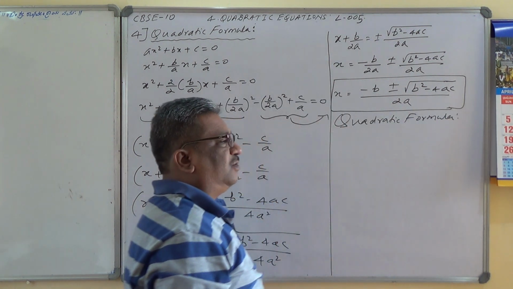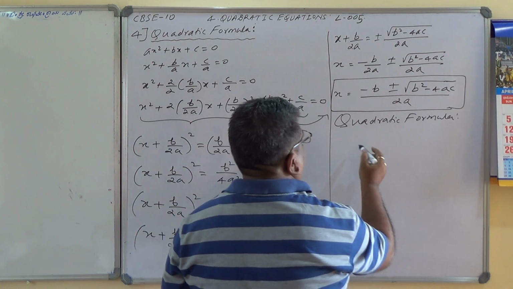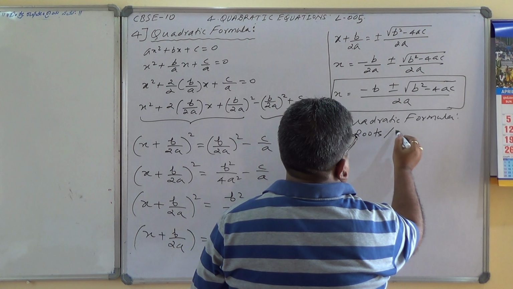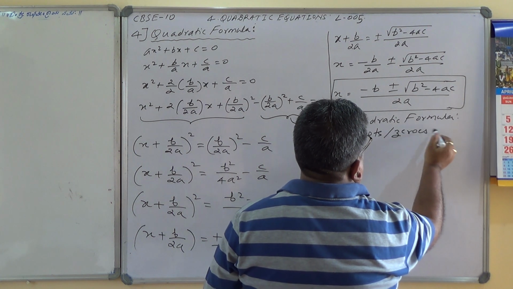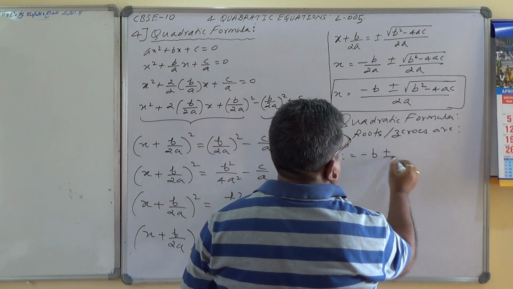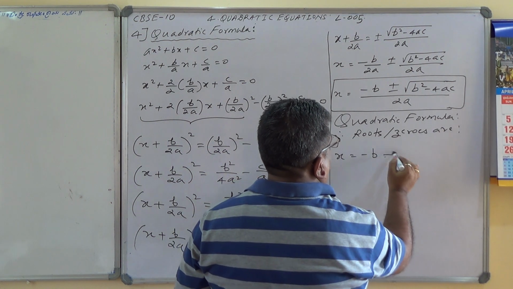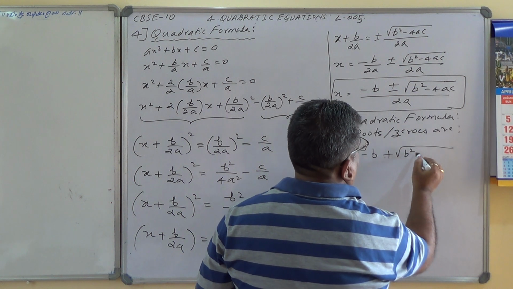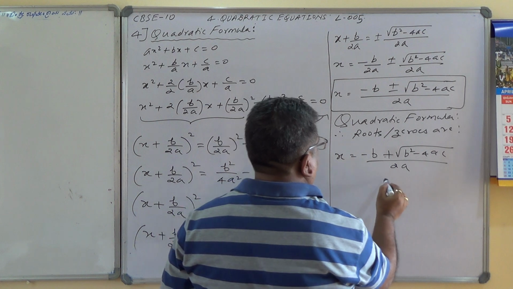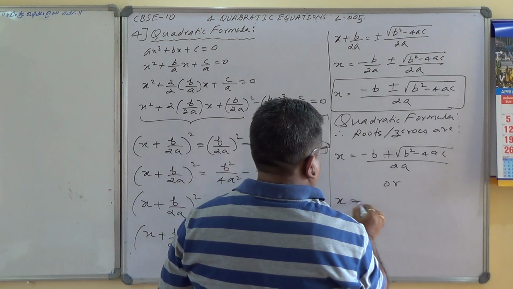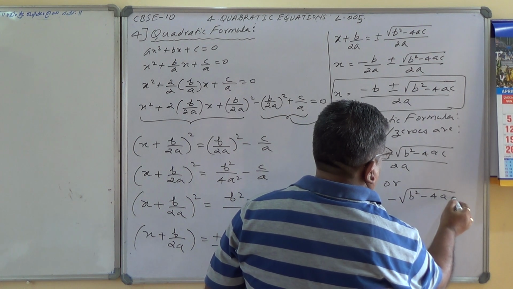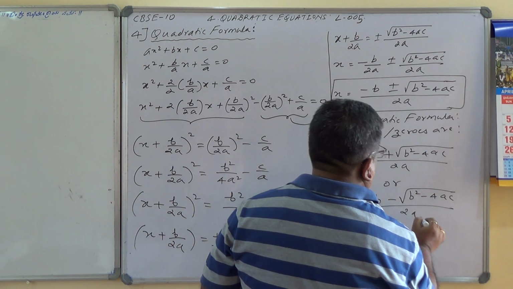How to get the two values? Therefore the two values of x, the roots or zeros, are x equals minus b plus under root of b square minus 4ac by 2a, or x equals minus b minus under root of b square minus 4ac divided by 2a.